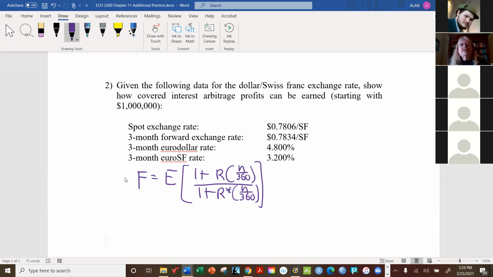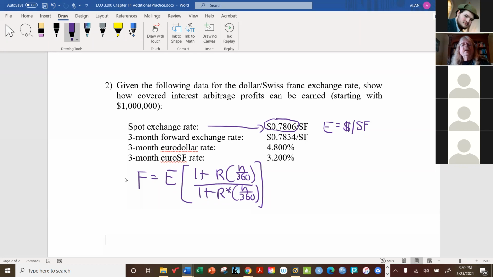Now, because of the way this formula is defined, we're going to stick with dollars per foreign currency for E. So here, I've changed it to Swiss francs, just for the fun of it. We keep doing pounds all the time. I thought it was time to try something else. So this is the spot exchange rate here. This is E. At the moment, it takes less than $1 to buy a Swiss franc.